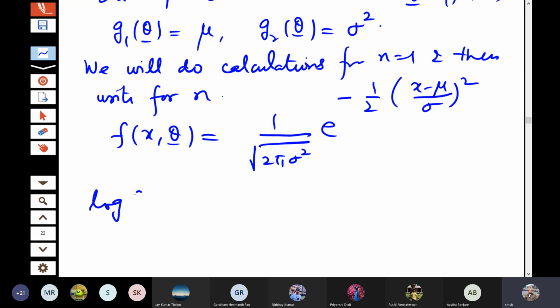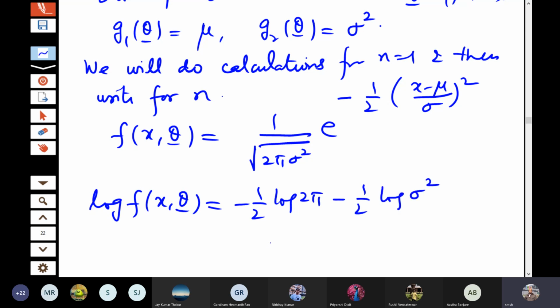So if I take log of this, that is minus 1 by 2 log 2 pi, minus 1 by 2 log sigma square, minus 1 by 2 sigma square x minus mu square.